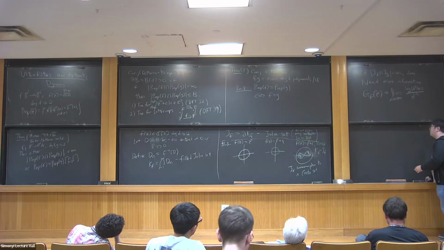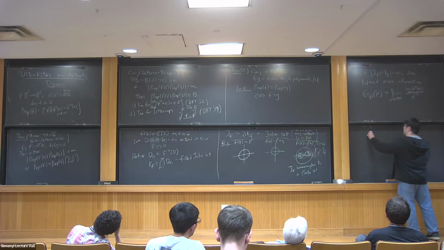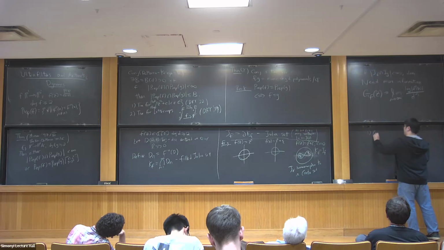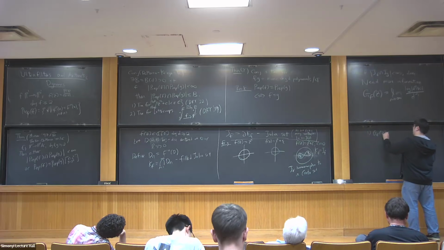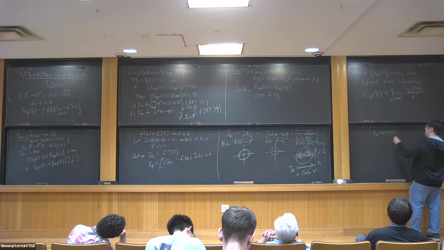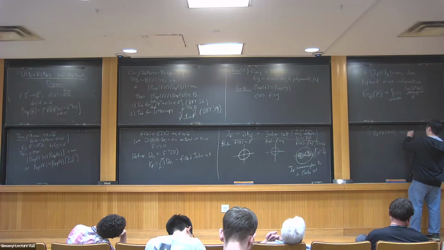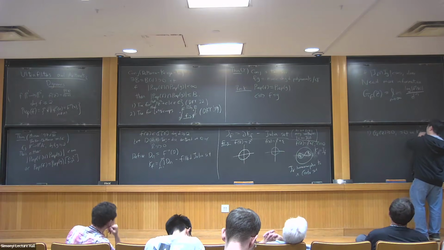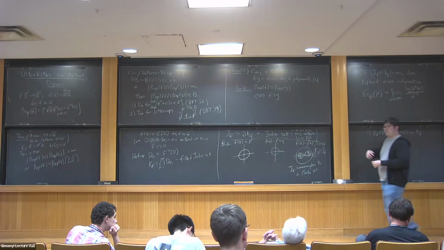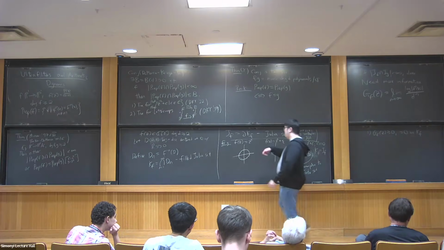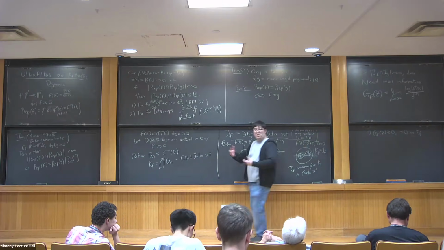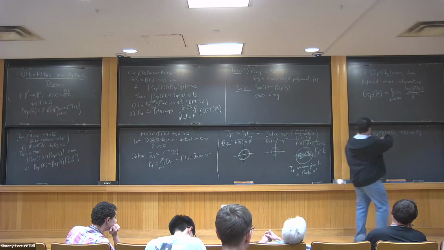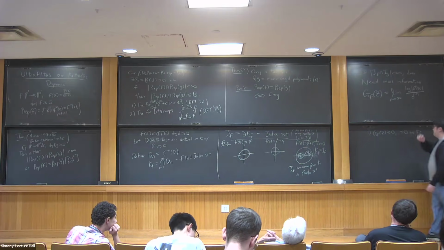GF is non-negative and equals 0 on KF, because this is tracking how fast a point escapes to infinity, and if you're in the filled Julia set, you're not going to infinity, so the escape rate will be 0.